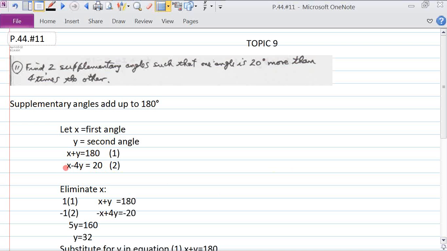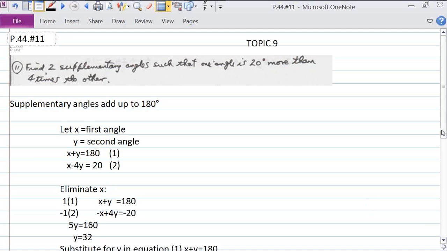So now there are different ways of doing this. You could have said X equals 4Y plus 20. There's more than one way to do this, but I've translated this that one angle is 20 more than 4 times the other. So I take the difference between the two, and I say that difference is 20 because it's 20 more.